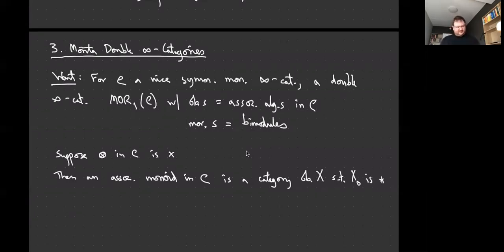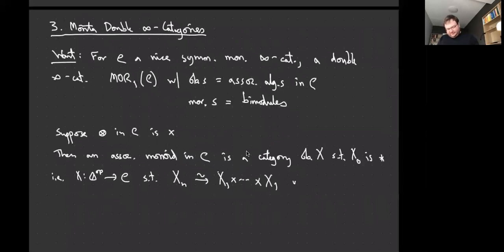the terminal object. Or what that amounts to is that I have a simplicial object such that Xn is equivalent to an n-fold product of X1, via the inclusions of {i-1, i} into [n].